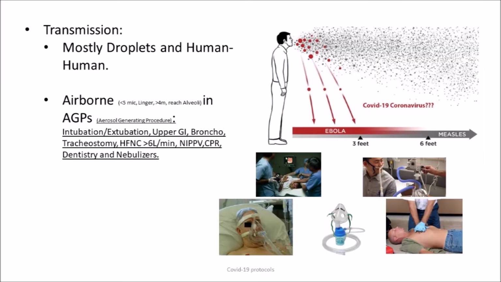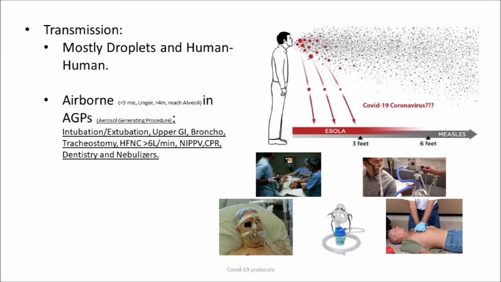C19 is mostly transmittable person to person by contact and droplets. Droplets are large particles that can't travel long in air. However, during aerosol generating procedures, or AGPs, such as intubation, extubation, upper GI endoscopy, non-invasive positive pressure ventilation, or NIPPV, bronchoscopy, tracheostomy, high-flow nasal oxygenation with oxygen flows greater than 6 liters per minute, CPR, dentistry, and the use of nebulizers, the transmission is suggested to be via airborne particles.